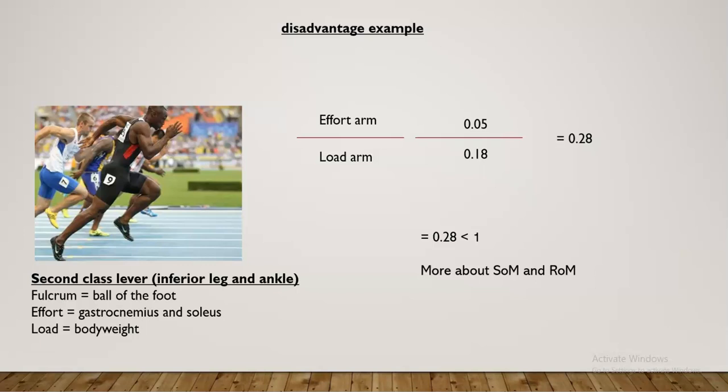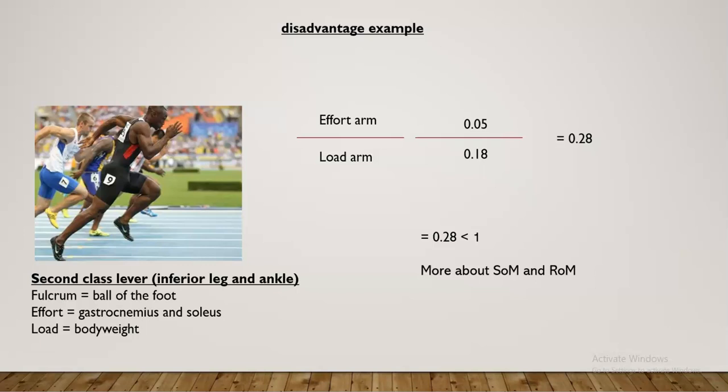So now we can look at the equation again. The effort arm divided by the load arm equals the mechanical advantage. So if it's above 1, it's going to be mechanically an advantage. But if it's below 1, it's going to be a disadvantage. Our effort arm is going to be 0.05 meters, and our load arm is probably going to be around 0.18 meters.